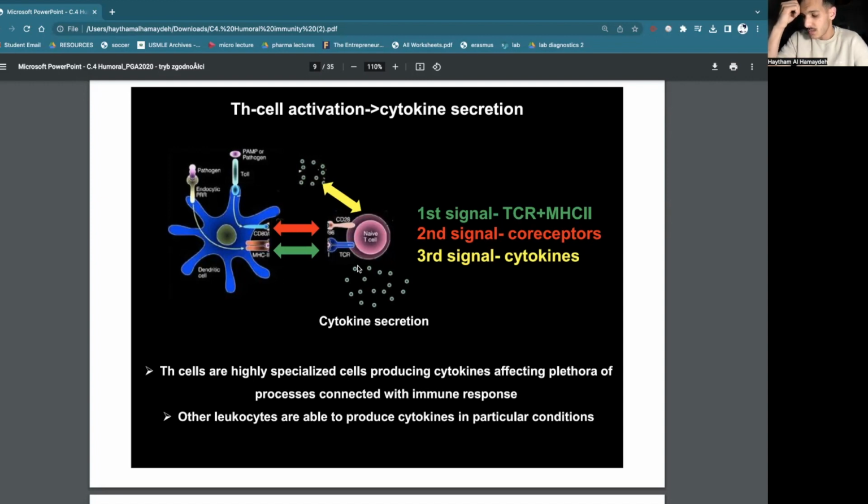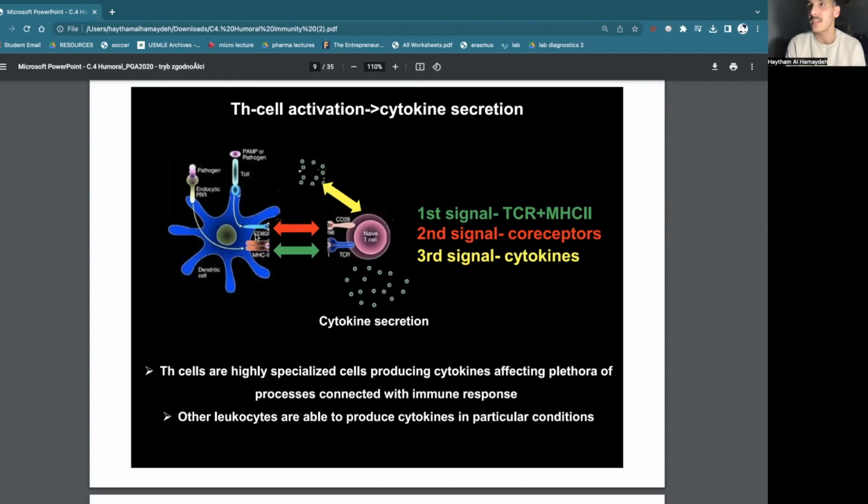TCR combines with MHC2. The second signal is a co-stimulatory signal where CD28 from the T cell combines with CD80 or CD86 on the antigen-presenting cell, the dendritic cell. The third signal is the release of cytokines. Antigen-presenting cells release unique cytokines to tell exactly what this naive cell is going to be.